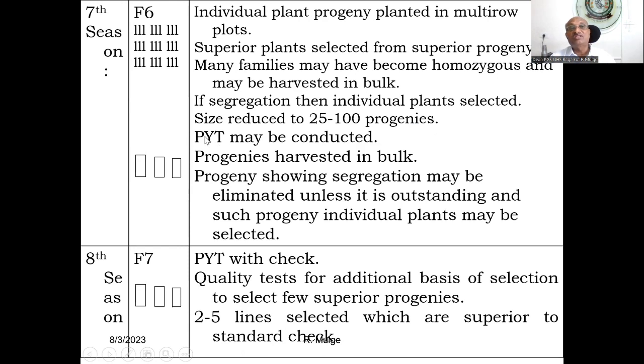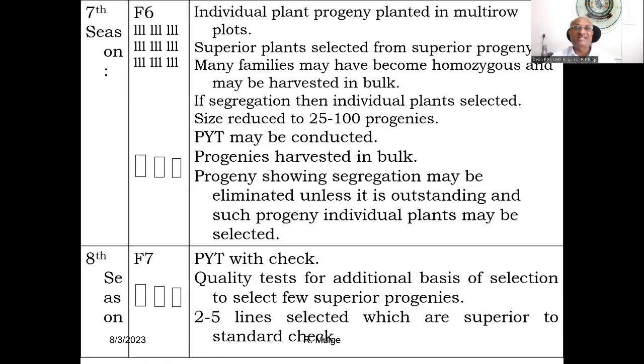So here you can initiate a preliminary yield trial. So far, you are not considering yield as a criterion for selection. Now onwards, you have to go for that. It is less heritable because it is controlled by many genes and there is more environmental interference. So you were not considering that.